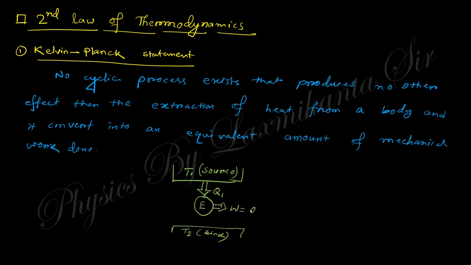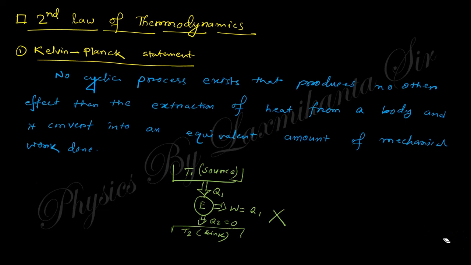That is, the work is Q1 and there is no Q2. Q2 is 0. This is not possible. The Kelvin-Planck statement says we cannot take heat from the source and convert it totally into work. It is impossible to take heat from a body and convert it totally into work. And you know W equals J times Q, so heat is converted to work multiplied by this relation.